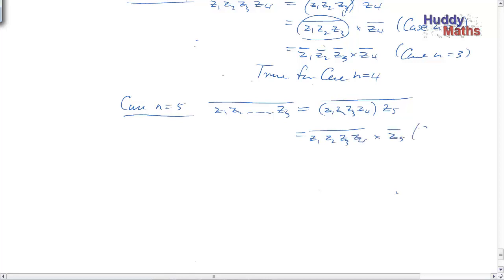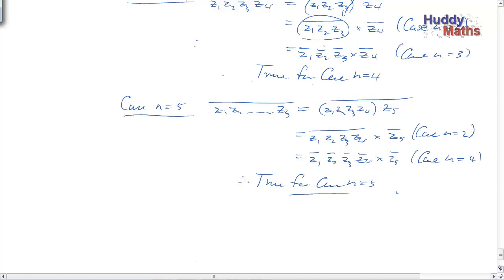That's case n equals 2, and it's the same inductive step each time. Equals conjugate of Z1, Z2, Z3, Z4 by Z5, and splitting that now is the previous case, case n equals 4. Therefore true for case n equals 5.